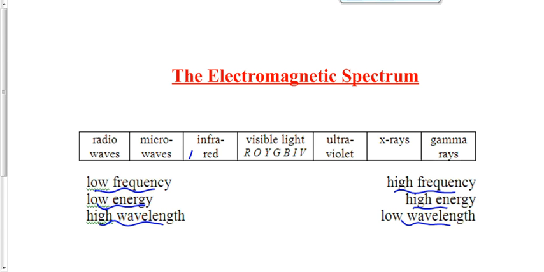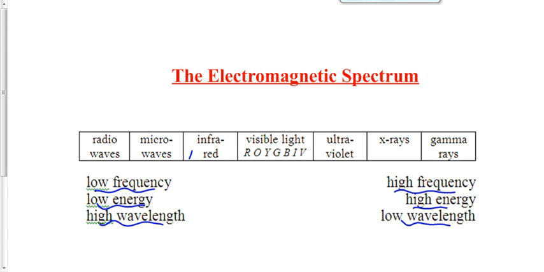I want to tell you two things about each of these types of EMR. Number one, specifically how they're produced. Generally, it's by accelerating charges, but the specific mechanism by which each of these is produced. And secondly, the frequency range. Like what frequency are we looking at for visible light and so on.